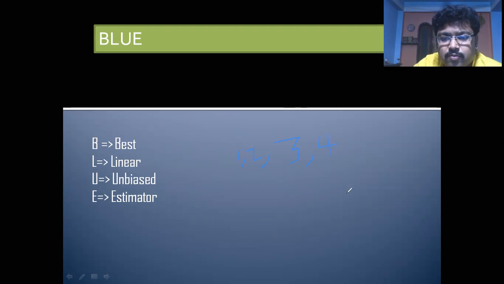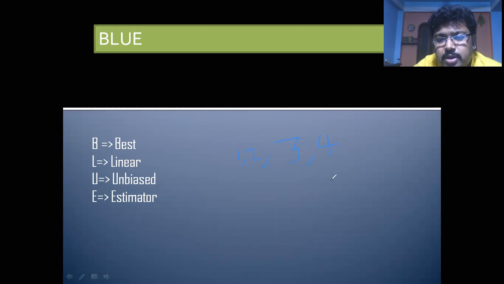The mean of these values is 1 plus 2 plus 3 plus 4 divided by 4.